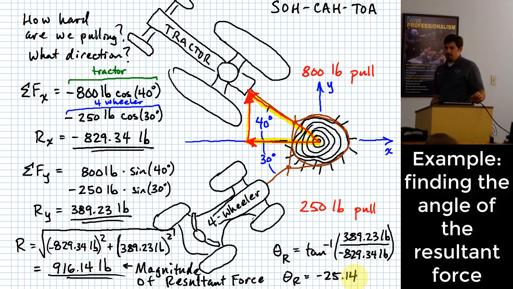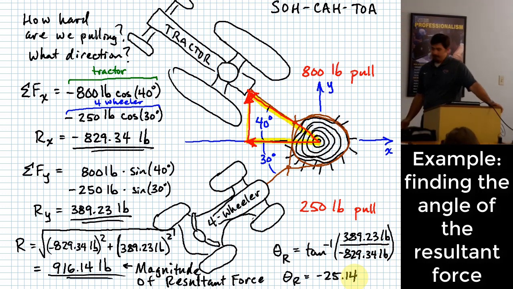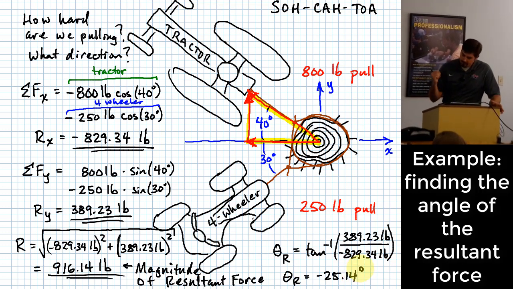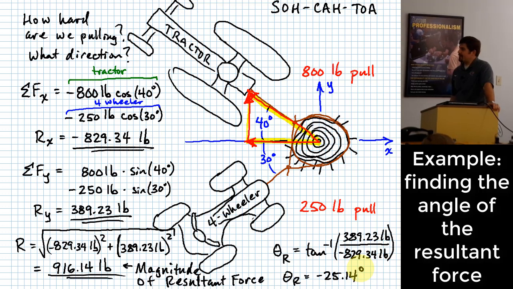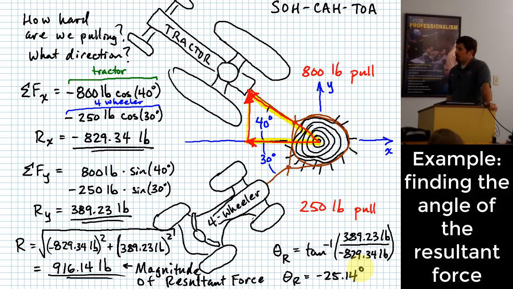What does that mean? I'm in quadrant 2 over here. Let's think about this carefully. That is why I have one that's negative and one that's positive.